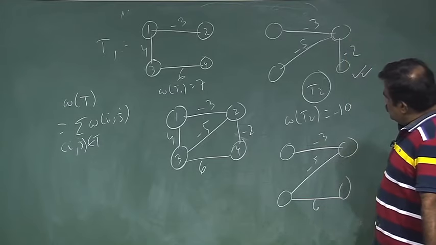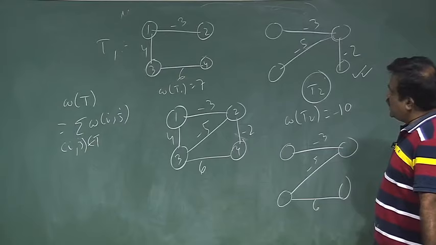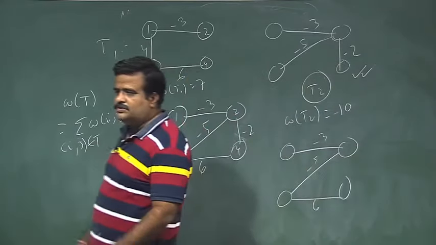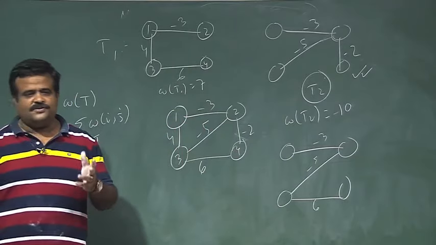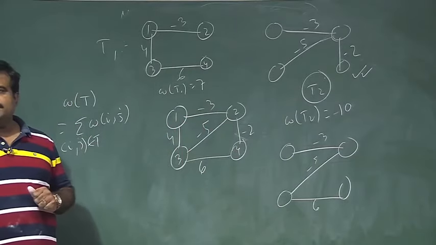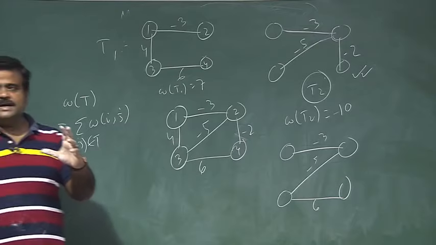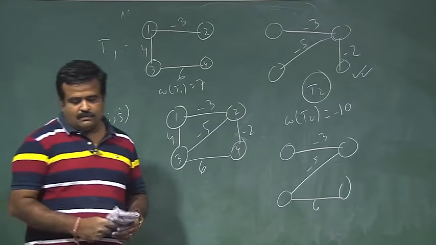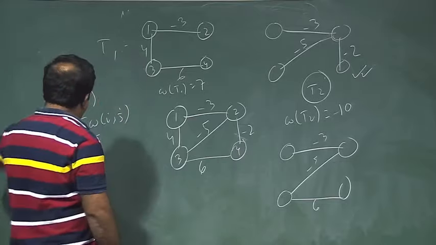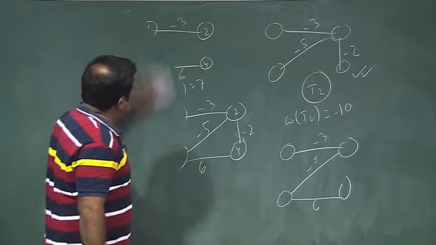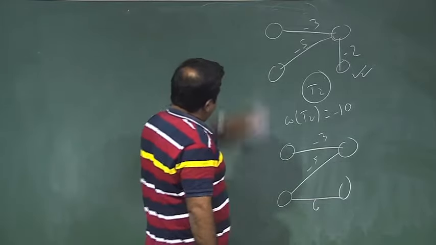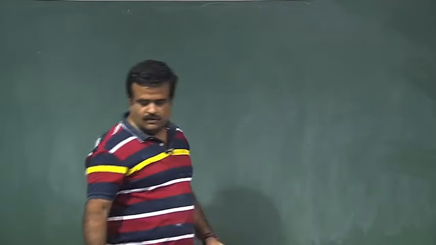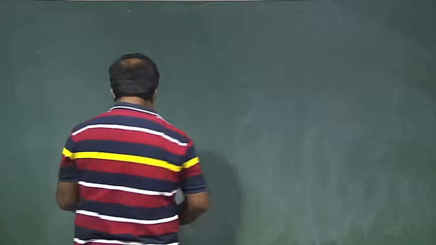Okay. So, this is the problem. We need to find a subgraph which is a tree, and not only a tree, it should be a spanning tree. That means it should cover all the vertices and it should give us the minimum edge weight. So, that is the problem. Given a graph, we should find this.